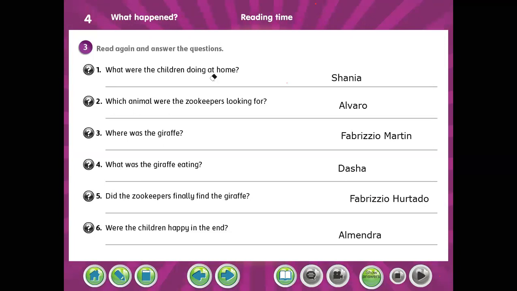Very good. If you finish the answers in your book, raise your hand to help these students, okay? If they can answer, you are going to help.